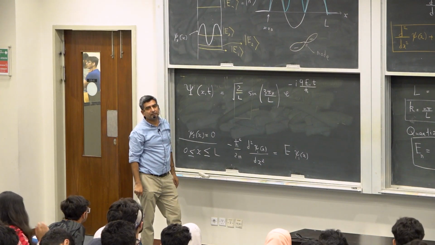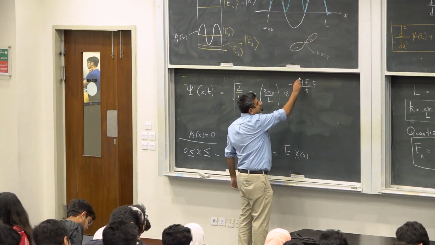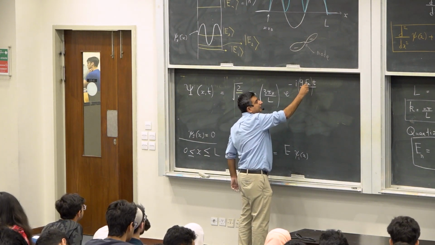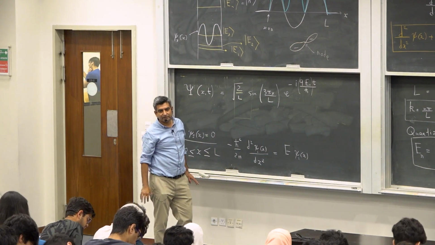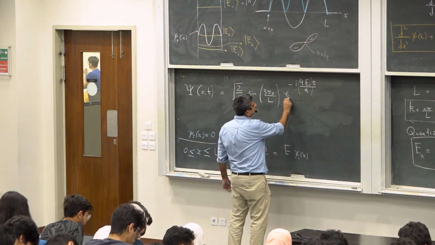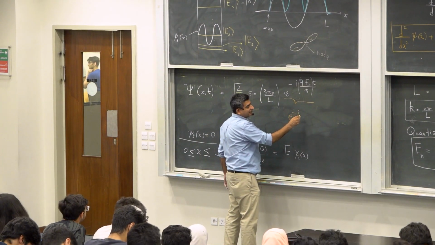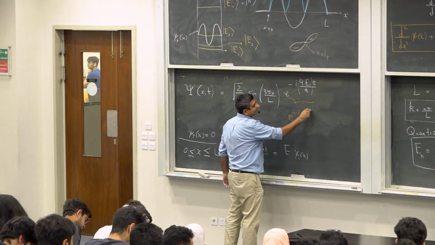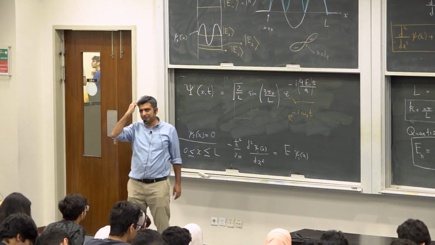Now all of this is some frequency. 9 E1 over h bar is some frequency. So let's call this term e to the minus i omega 3 t, because it's the third level, n equals 3.